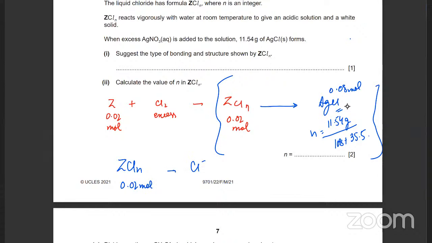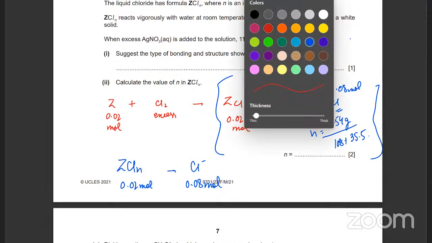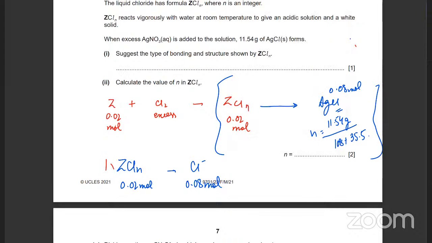They're producing 0.08 moles. Okay, because one AgCl has one Cl ion, so 0.08 moles will have 0.08 moles of Cl ion. So I know that all that Cl ion is coming from here. So 0.02 are producing 0.08. So what is the ratio? It's 1:4. So that means one ZClN will produce 4 Cl ions.